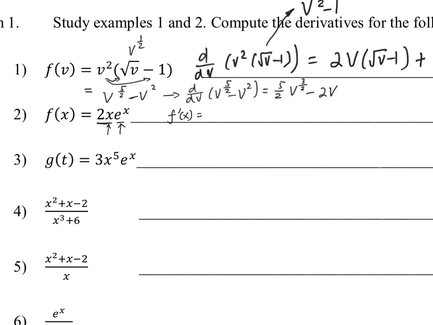The derivative of 2x gives you 2, times the second function, which is e to the x, plus the first function, which is 2x, times the derivative of e to the x, which is itself. So this is it. I don't think it's really needed to factor out the common factor, but you certainly could to reduce that to one single term, which is this one.